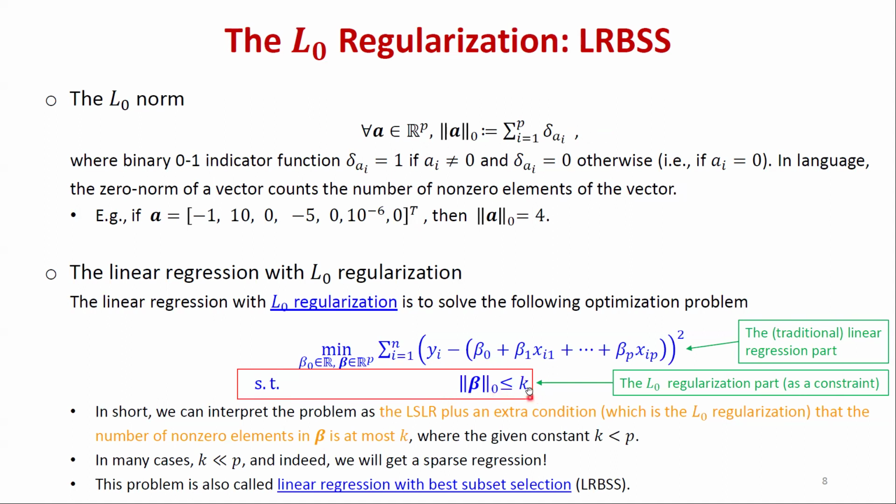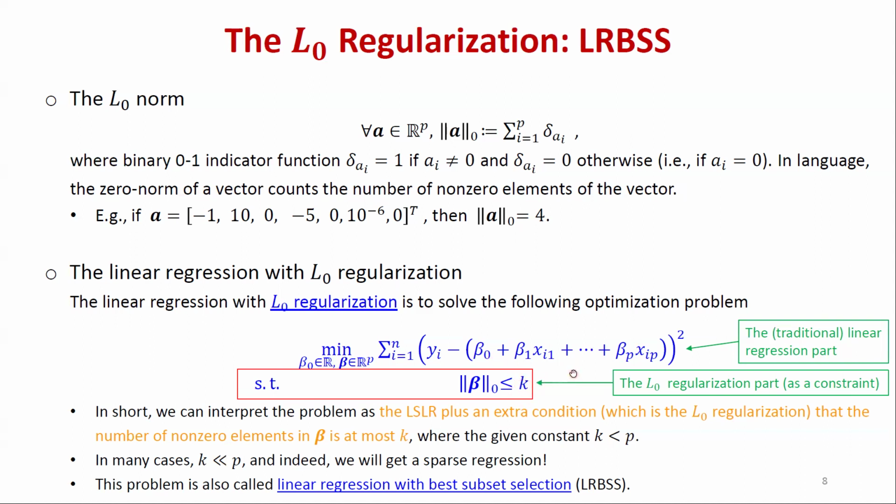What does it mean? It means you can give me whatever beta, but the number of non-zeros in this beta vector must be at most k. In other words, it's kind of a constraint, isn't it? Because before, my beta could be whatever, but here I enforce that the number of non-zeros in your beta be at most k.